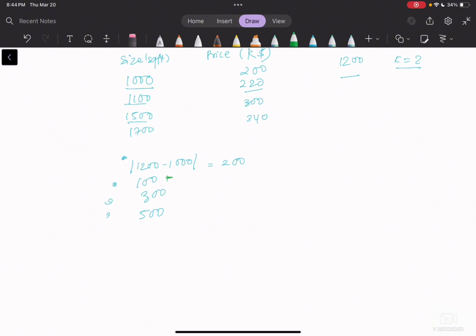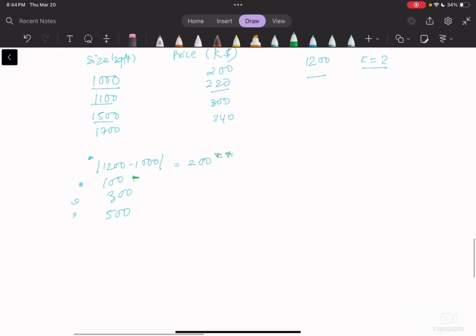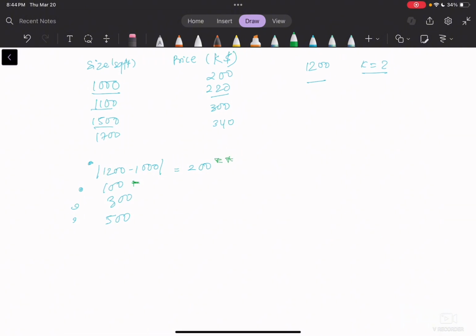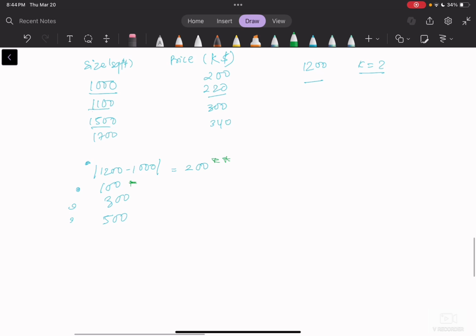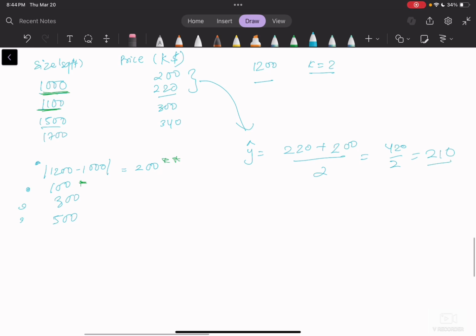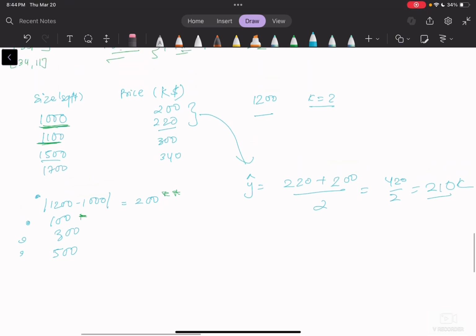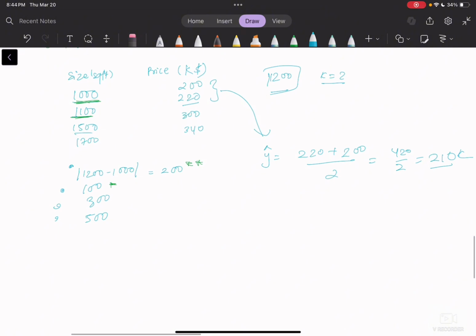Closest is your 100, and then it's 200. Since the closest are these two, for your regression problem, we take these and we just give an average. So your predicted value would just be 220 plus 200 by 2, just taking a simple average. So you would predict it to be 210. Okay, so your predicted price is 210K for the house of 1,200 square feet using this approach.